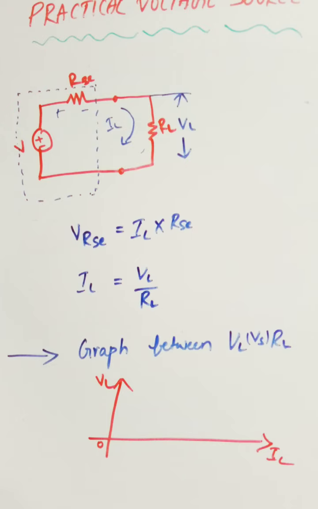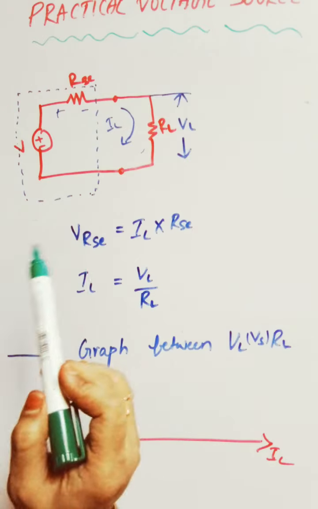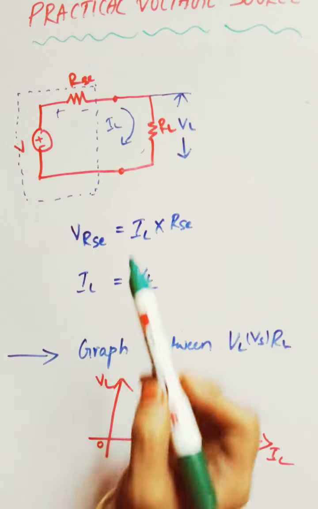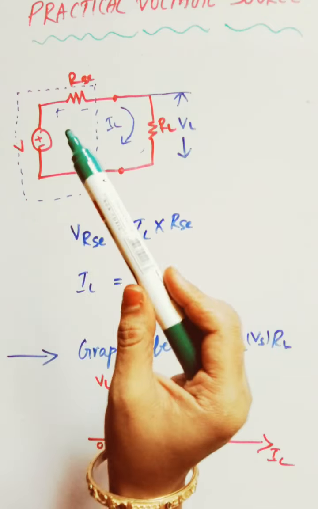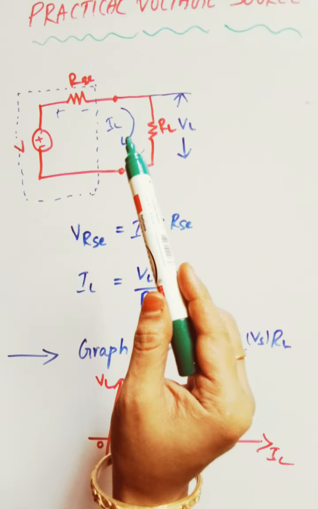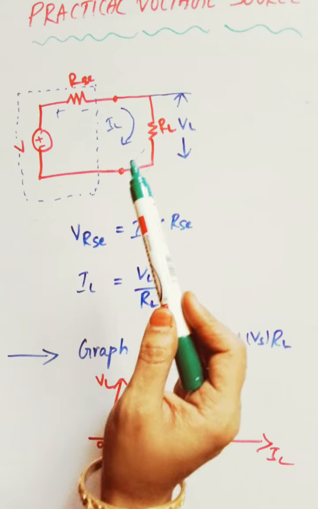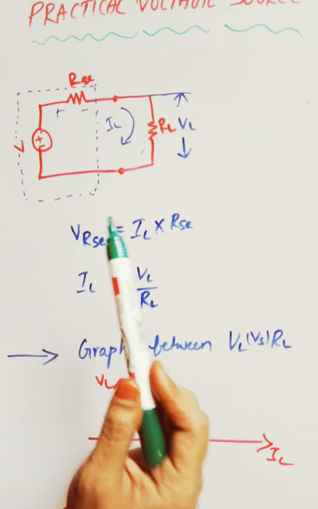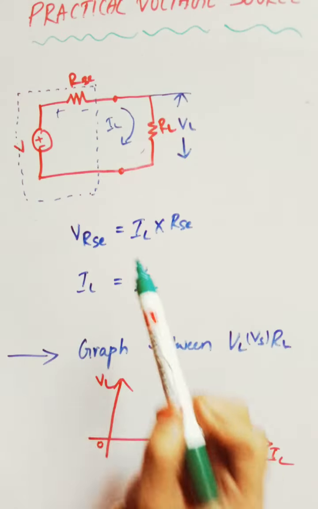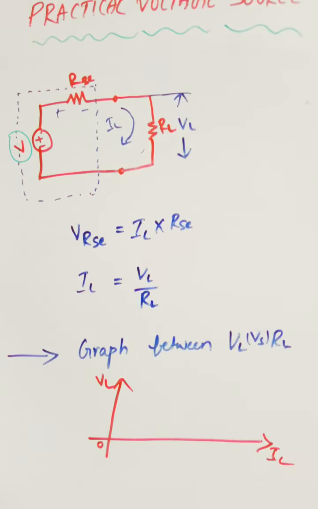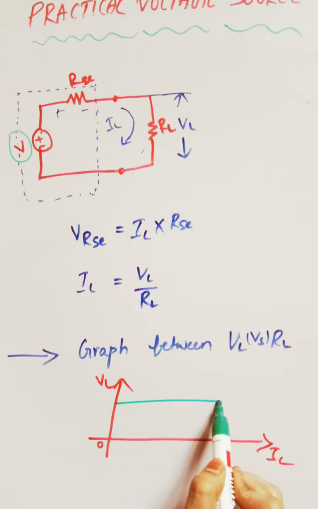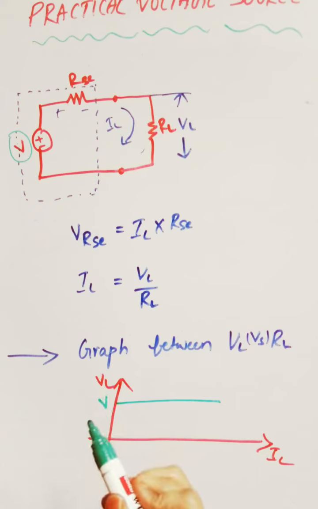For an ideal voltage source it will be a simple constant value determined by V. Once again, listen: the VI characteristics of an ideal voltage source will give a simple constant value V. The value of V is constant.